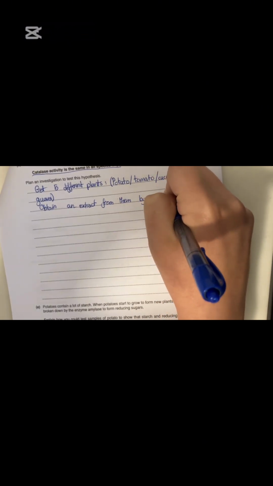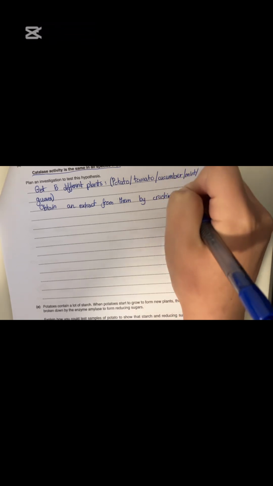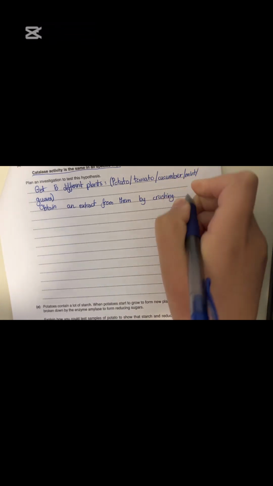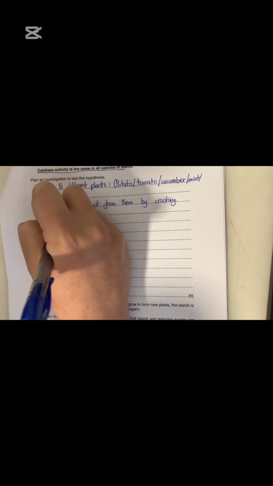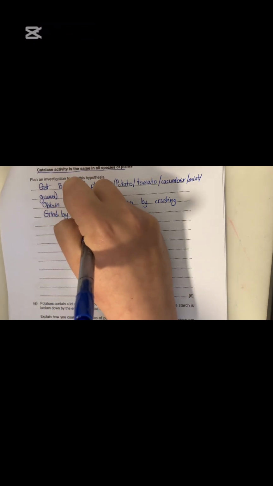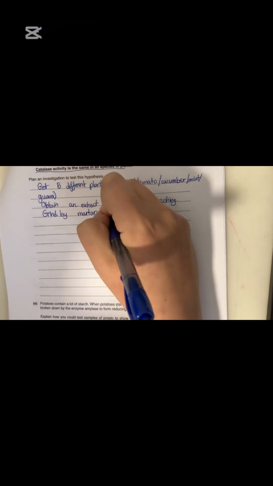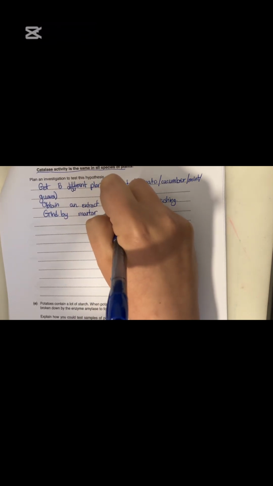Now we must list the name of the tool we use for crushing, because we must list the tools in investigations. We must grind by mortar and pestle. Mortar and pestle.